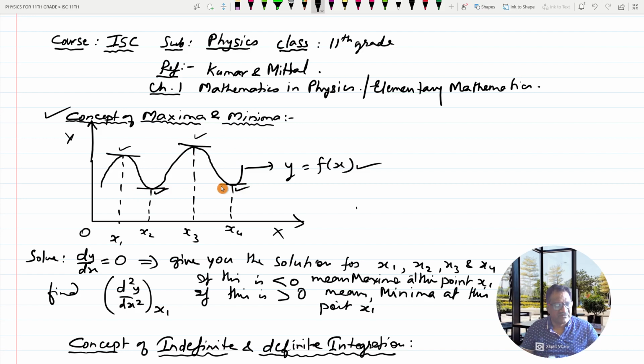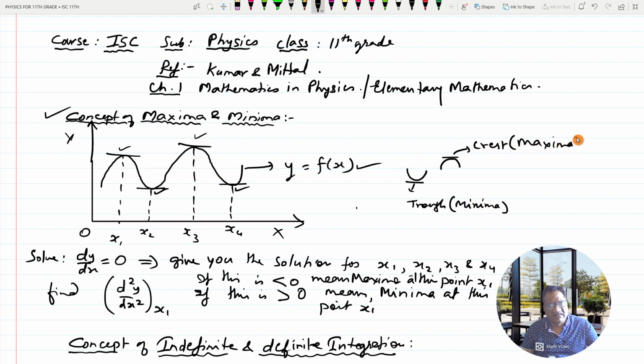And wherever you get a trough-like thing, this is known as a trough, and this is known as a crest in physics. Wherever you get a trough, those are known as minima, and wherever you get a crest, it is known as a maxima.